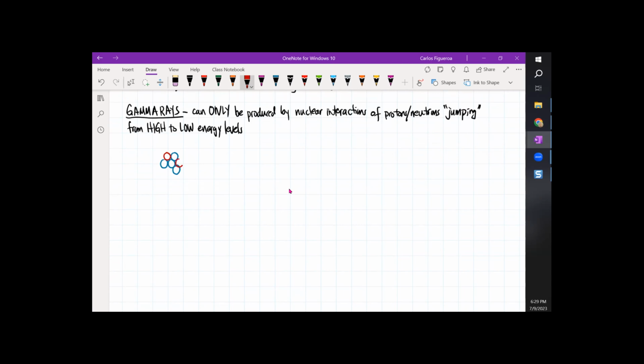It has protons and neutrons. Let's say the reds are my protons and the blues are my neutrons, and they have this binding energy that binds them all together. In other words, they have wells.